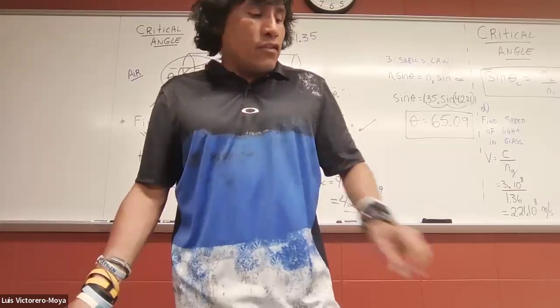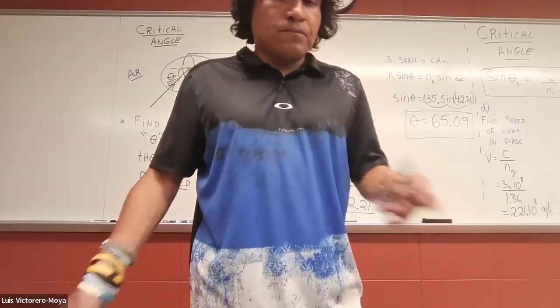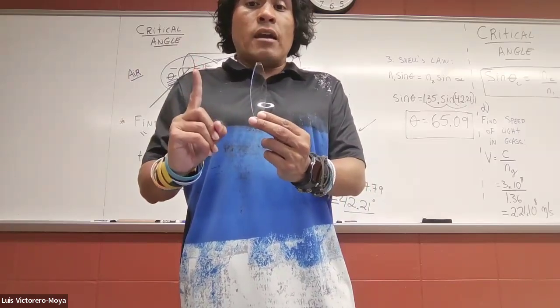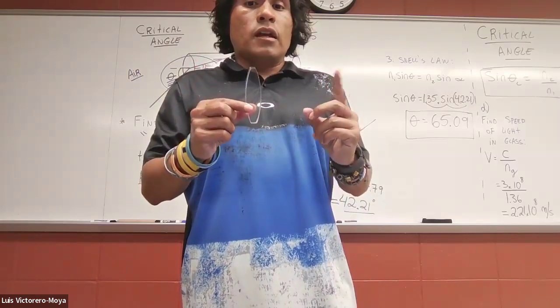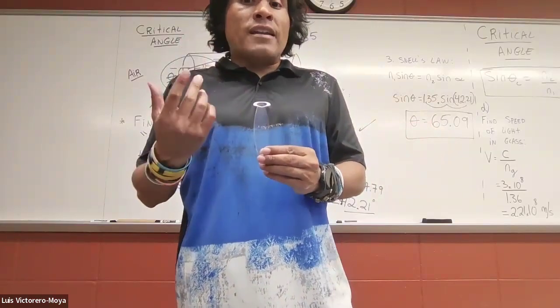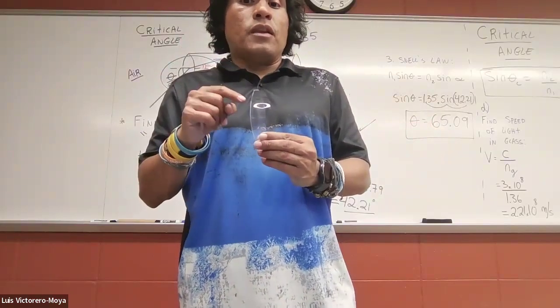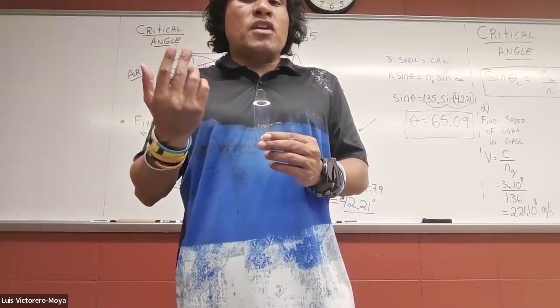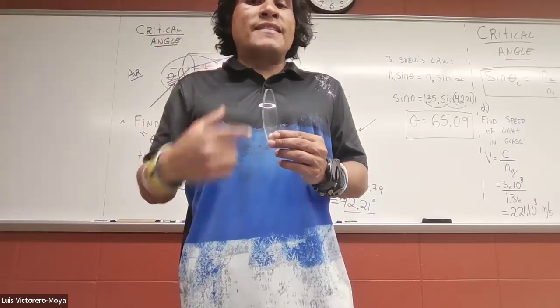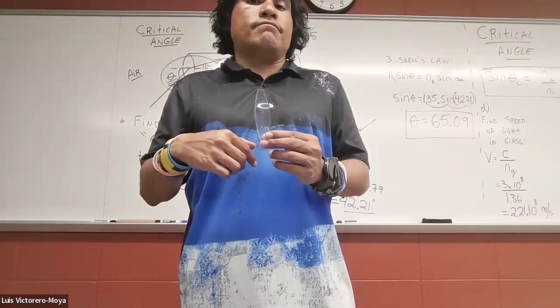But for lenses, you see, for a lens like this, you can place the object here or here. So then where is the real part? There is not really a real side for a lens, but there is a real image and a virtual image depending on whether you can see the image or not.